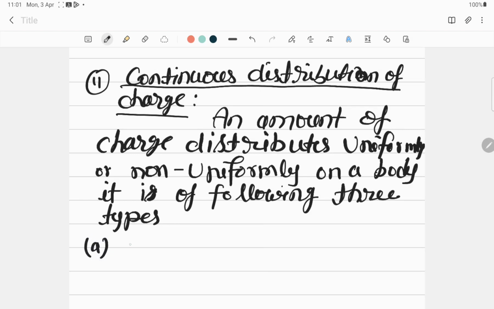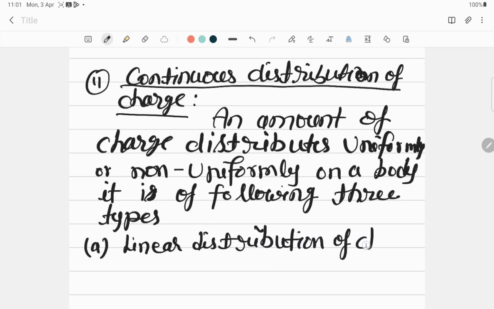First one, A. This is the linear distribution of charge.